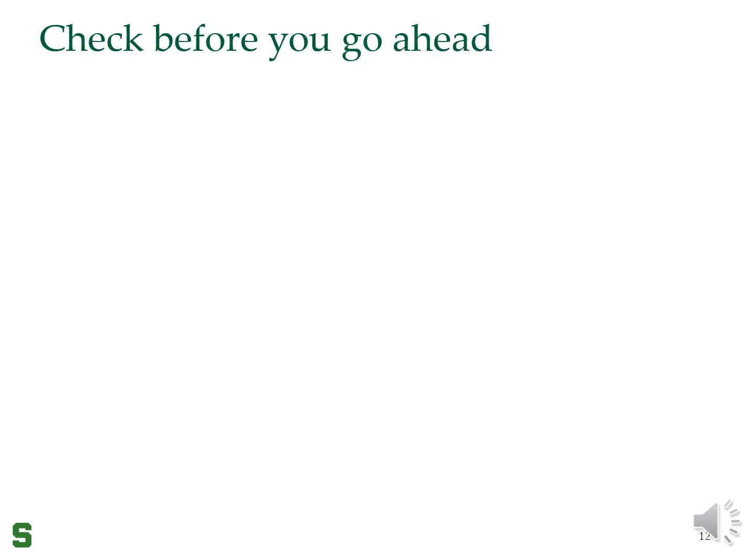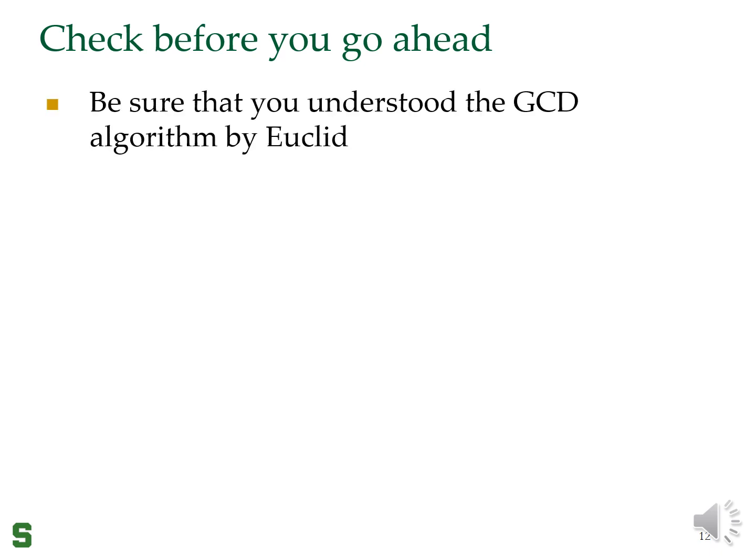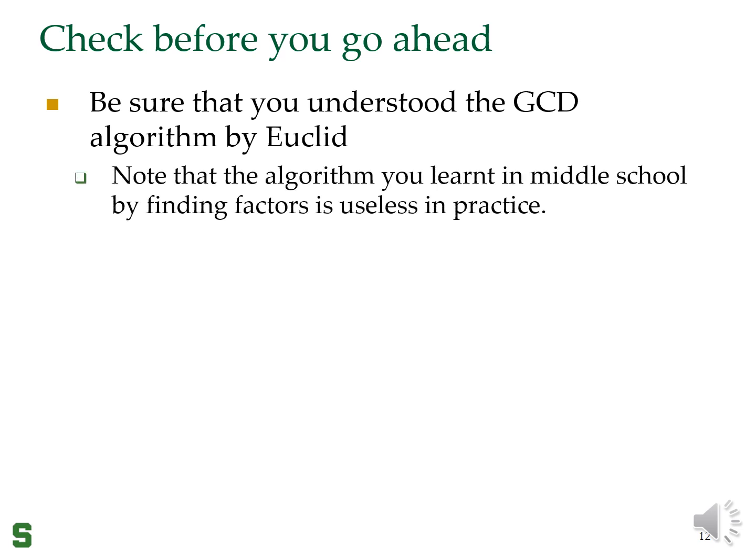Once again, we have reached the check before you go ahead slide. I want to make sure you have understood how Euclid's algorithm for finding GCD works. Note that the algorithm you learned in middle school, where you find factors and choose common factors, is useless in practice, especially when the numbers are large, because factoring a number is a difficult thing to do.